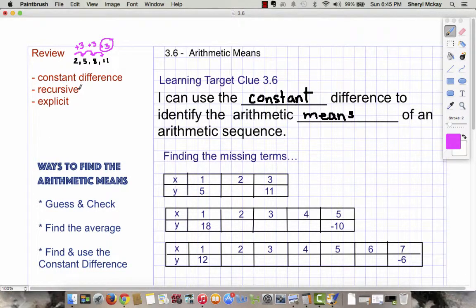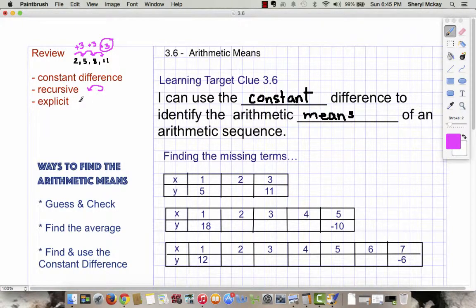And then the other two things that we've spent quite a bit of time on is understanding a recursive equation and an explicit equation. And remember, a recursive equation is always going to be dependent on the previous term. When you write a recursive equation, you say whatever the term before the one I'm trying to figure out is, when I add the constant difference to it, that's how I find my next term.